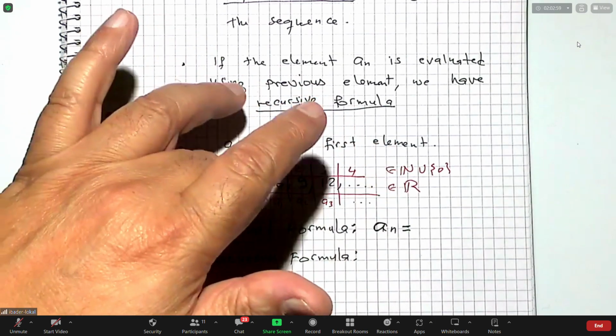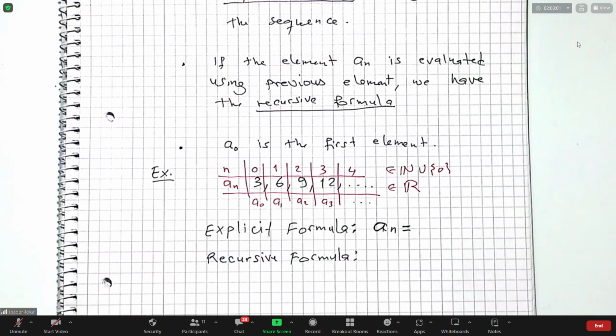So here A sub n, the general term, will be given as, you plug in n, you will be getting the position.